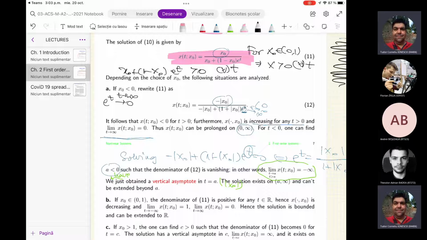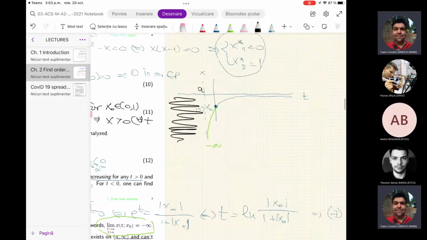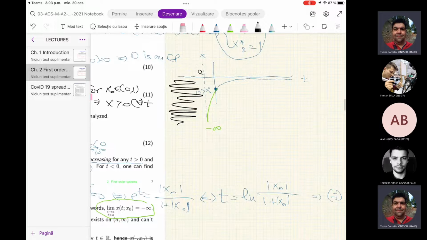And when t goes to infinity, of course, the solution goes to 0.